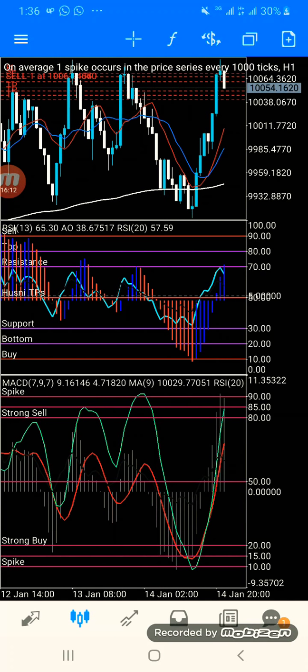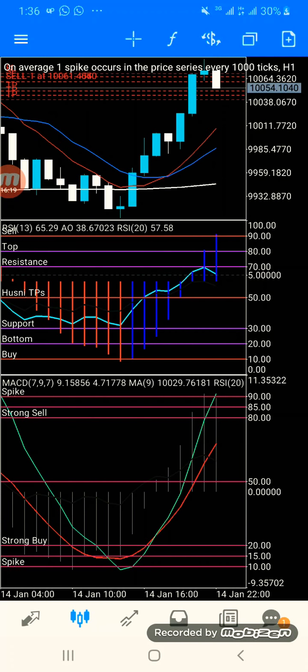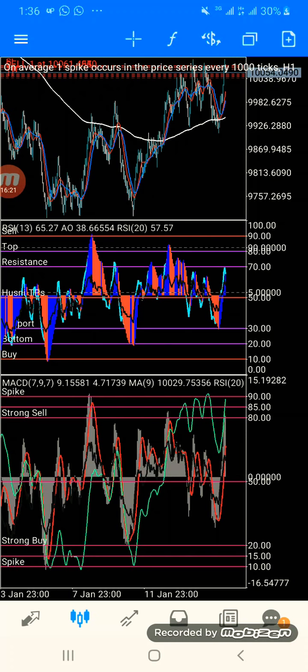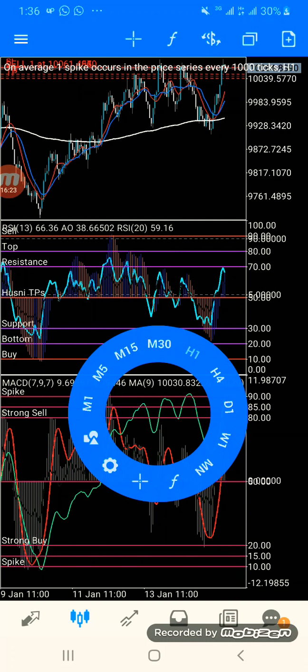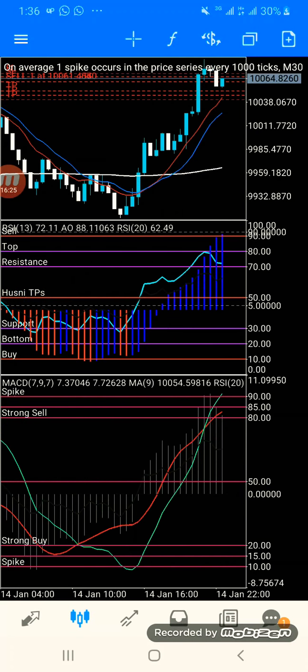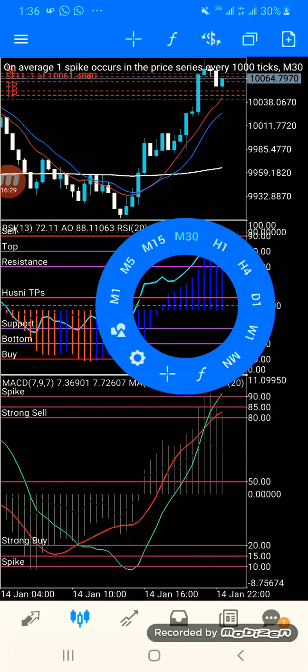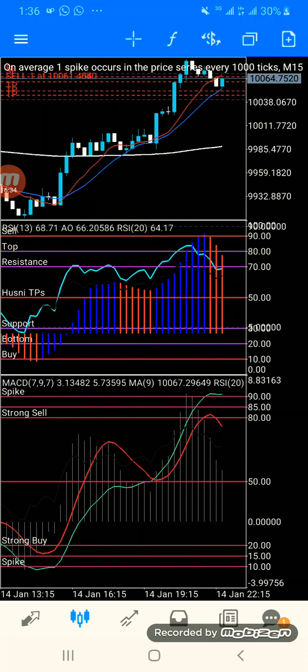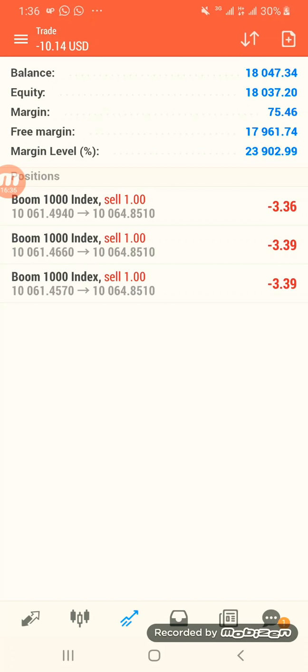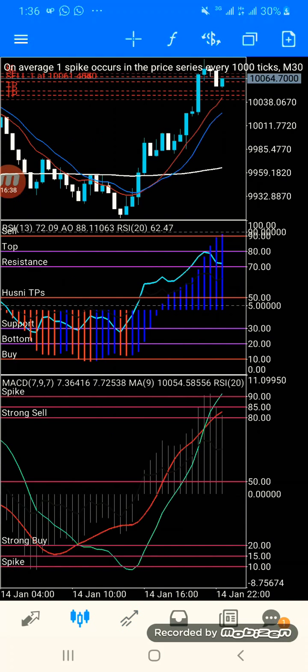As you see, 1 hour is strongly selling. So now that is how we could sell. It has spiked, but for my knowledge we can wait, no problem. It has spiked, but we can wait.